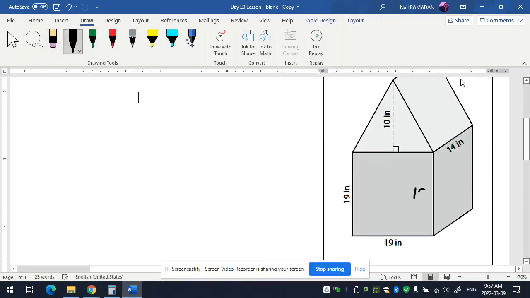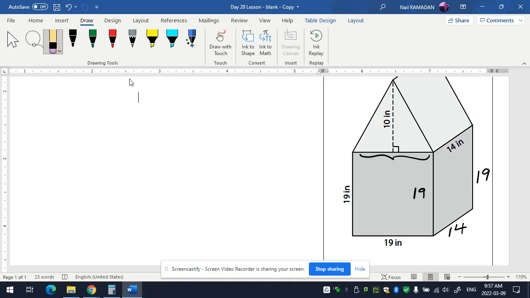How about this one right here? 14, because it's exactly like this one, 14. How about this one? This one right here, 19 as well.